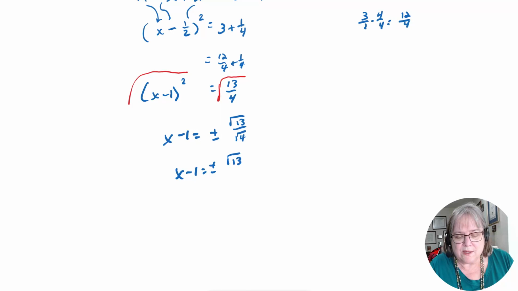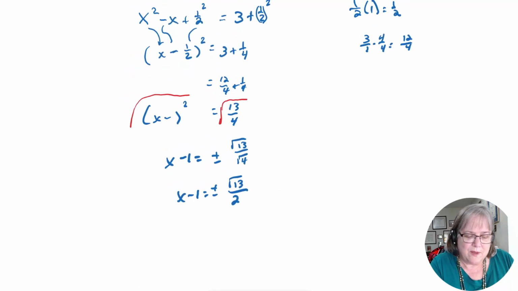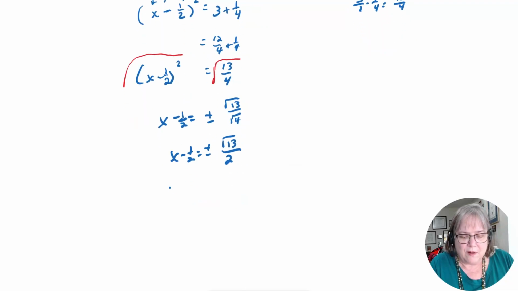The square root of 13 is prime and it doesn't reduce. The square root of 4 is 2. I switched the 1/2 to a 1. Don't know why. I hope y'all caught that on the way by. Alrighty. So x equals 1/2 plus or minus the square root of 13 over 2.